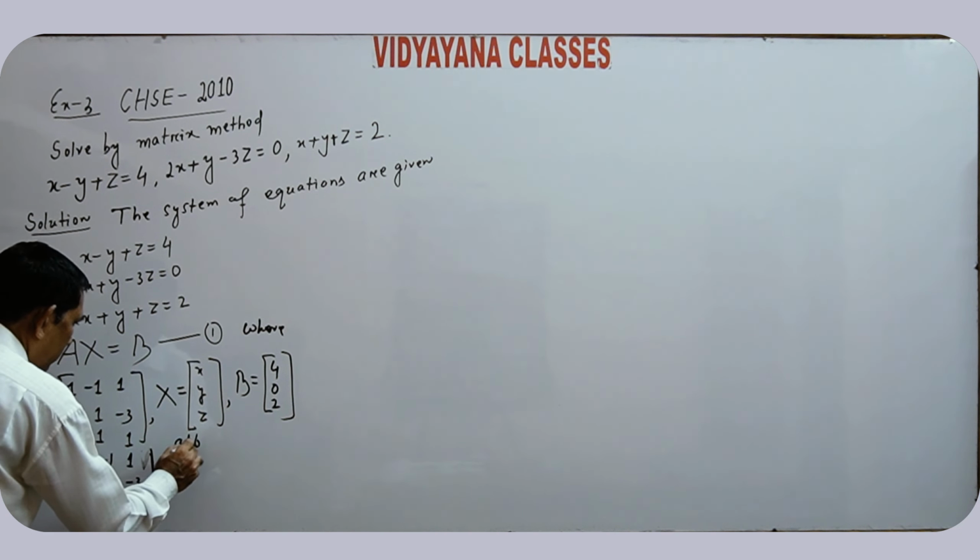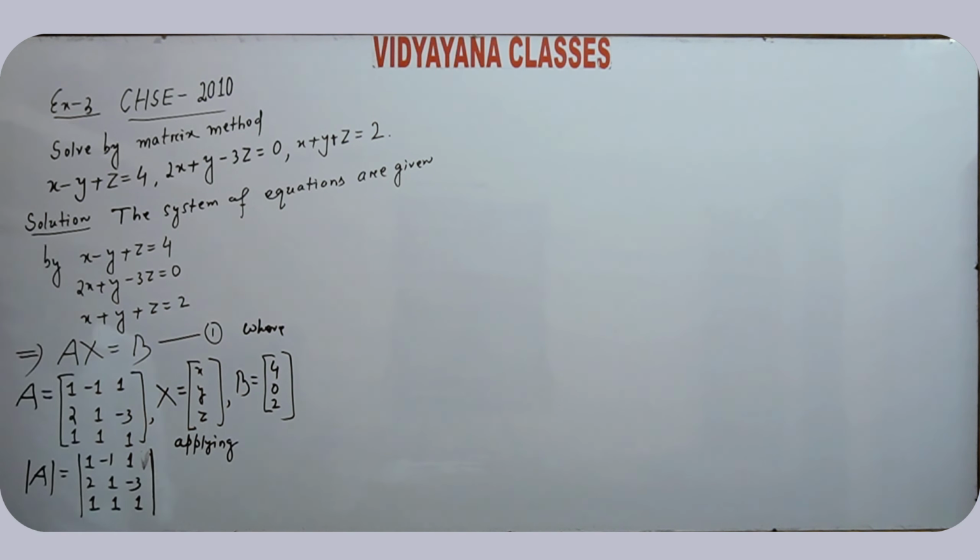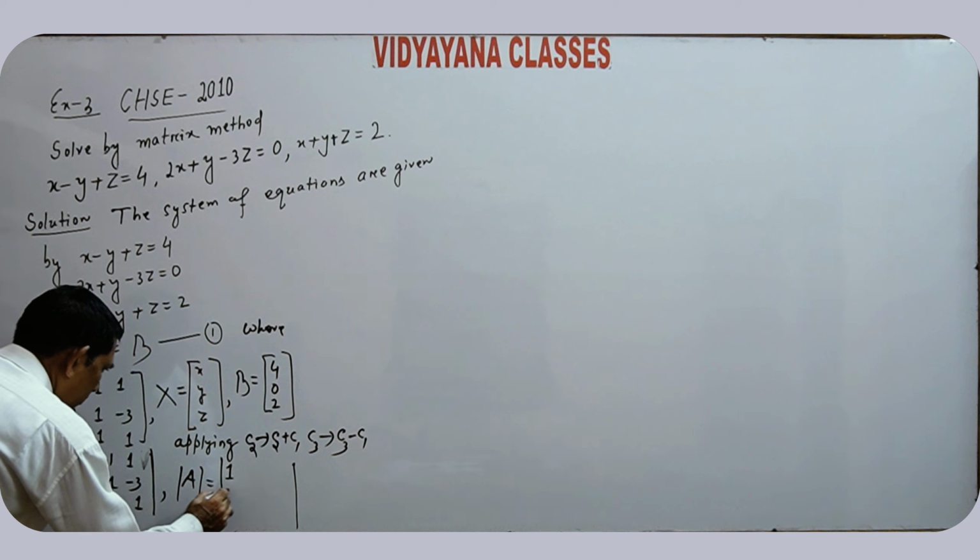Applying C2 is replaced by C2 plus C1, C3 is replaced by C3 minus C1. A determinant having elements 1, 2, 1.